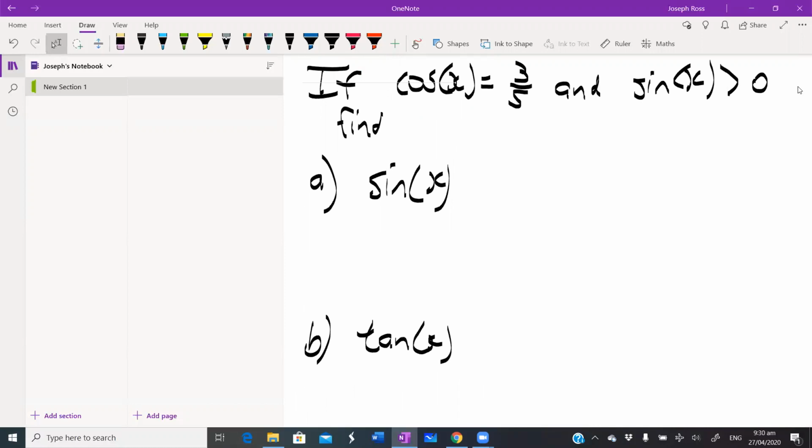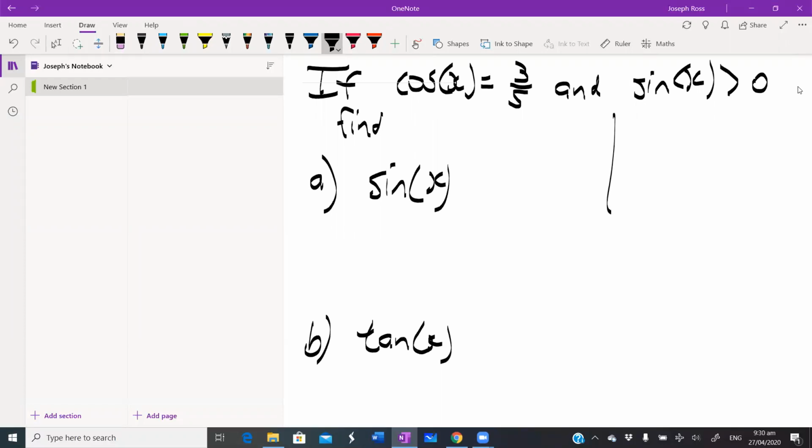So firstly, we've got cosine is 3 over 5, and that means we know from SOHCAHTOA that cosine is the adjacent over the hypotenuse. So a good starting point here would be to draw a right triangle.